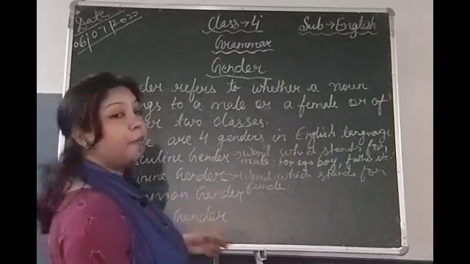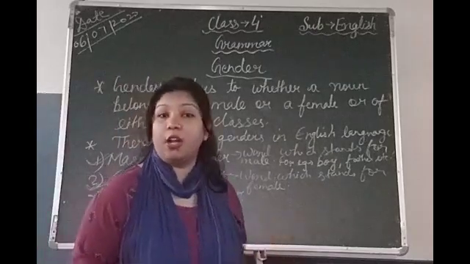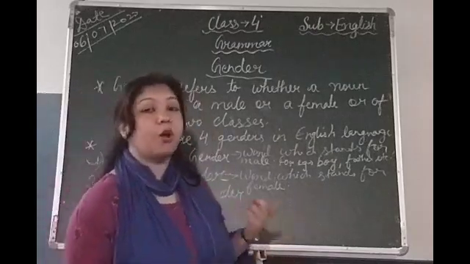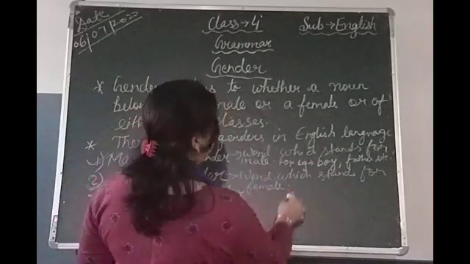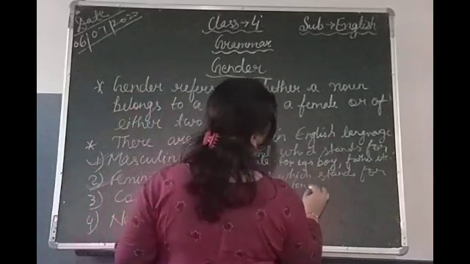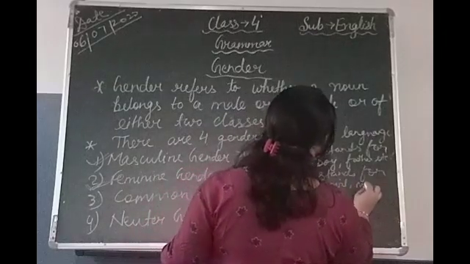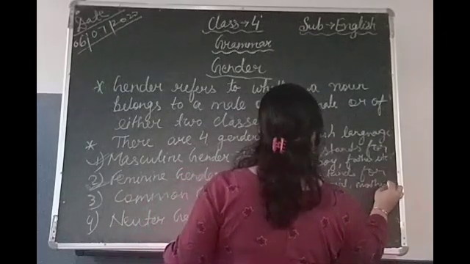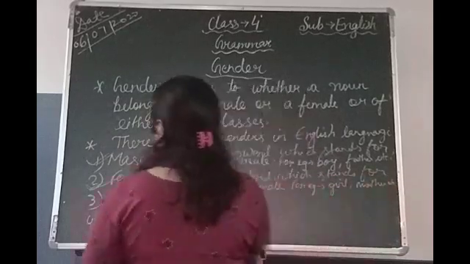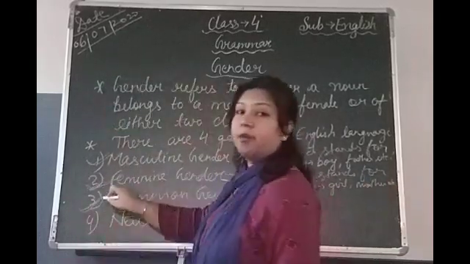Feminine gender. For example, girl, daughter, mother, aunt, these all are what? Feminine gender. For example, girl, mother, etc.